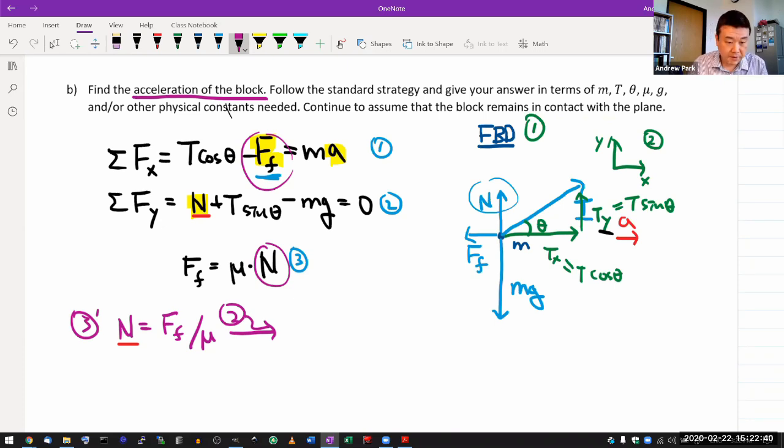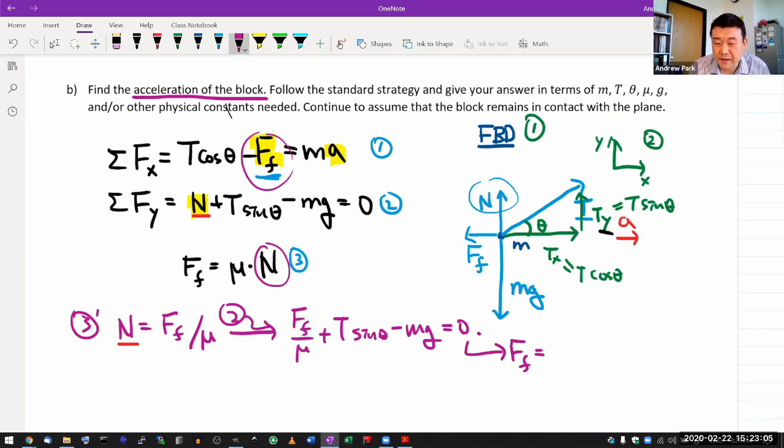So the friction force over mu plus T sine theta minus mg is equal to 0. I'm trying to solve for acceleration. I don't know the friction force, so what I should do is solve this for friction force. Let me just do this in my head.